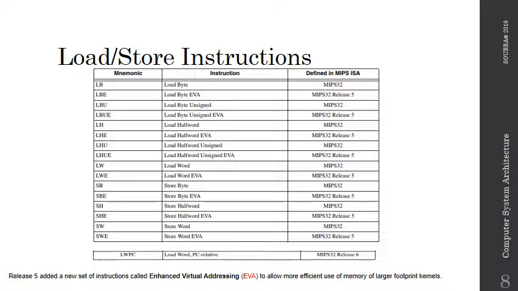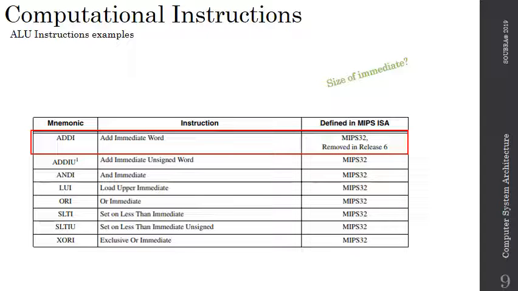Right, a bunch of things here regarding the ALU, for instance, and we were surprised, rather shocked, to see that the add immediate word, that you're going to use so much in your Mars simulator, is not in release number 6.